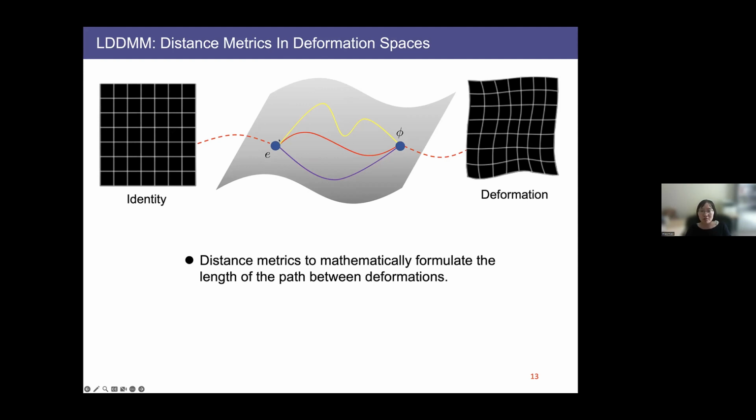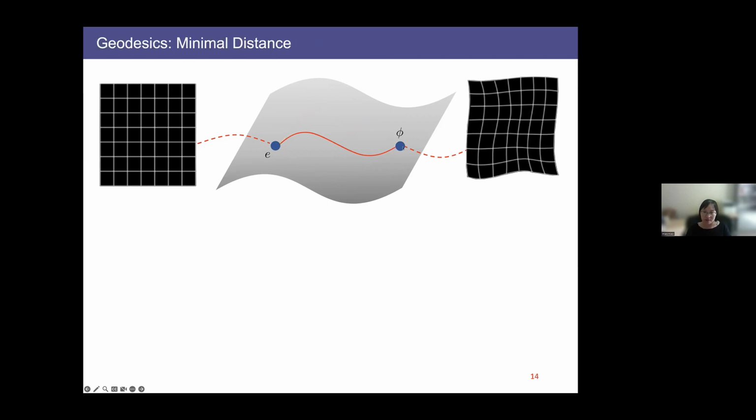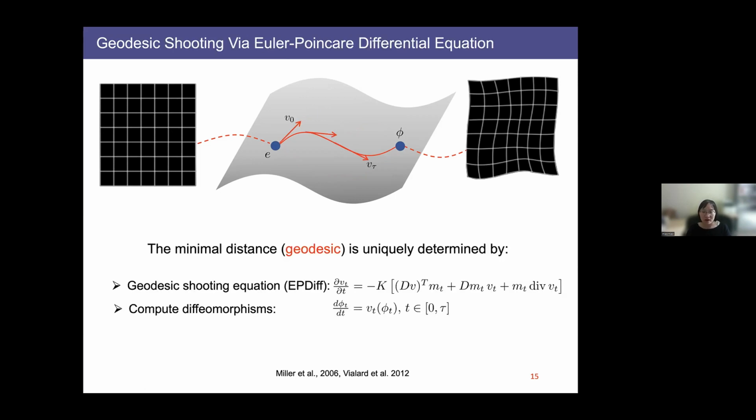For any two objects, the LDDMM method defines mathematically how to formulate the shortest path between these two deformations. With this definition, we can mathematically compute the shortest path, the geodesic, between two objects. So you will understand how the path or changing progress leads from one object to another.